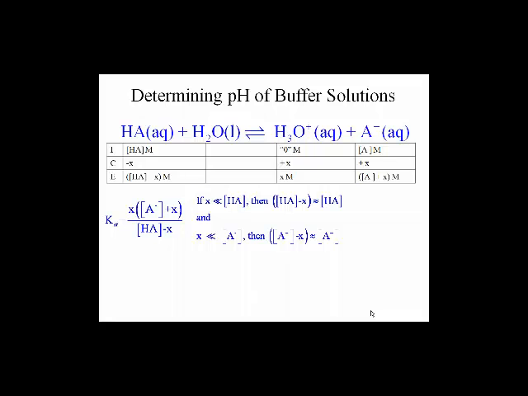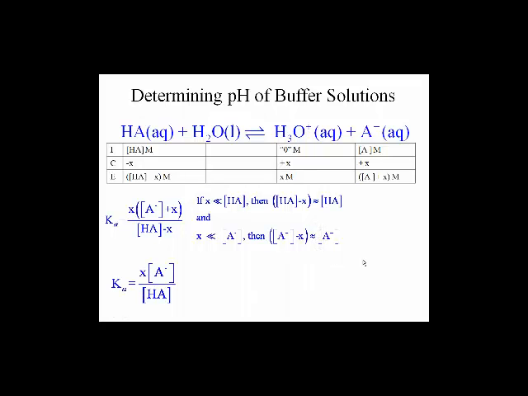If that's true, then we can also say that x is probably really small with respect to the concentration of conjugate base, since both conjugate acid and conjugate base are roughly the same in magnitude. So that sum is equal to the concentration of the conjugate base.